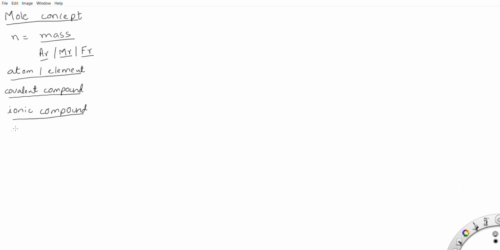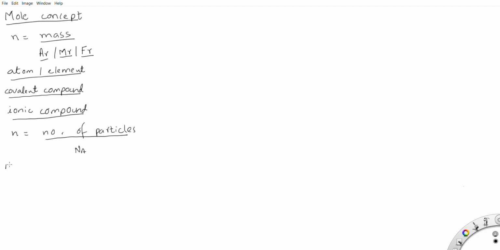Now there is one other formula that we usually use to calculate moles, that relates the number of particles. That is, number of moles is equal to number of particles divided by Avogadro's number.